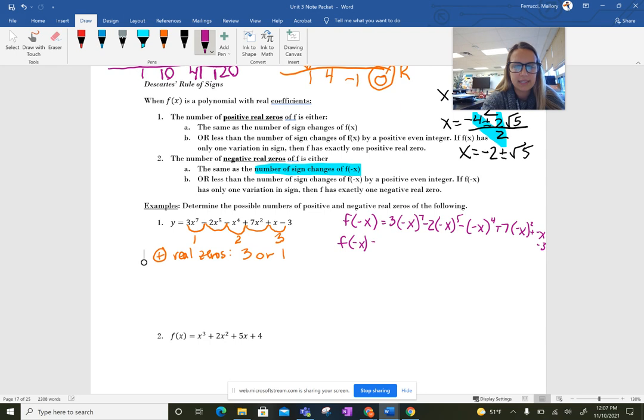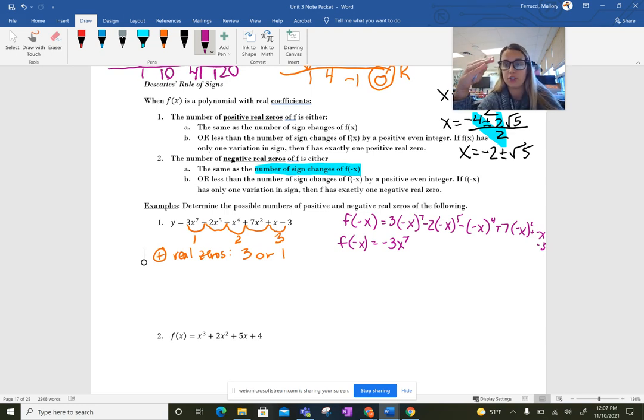So I'm going to simplify this. Anytime you have an odd exponent and you're taking a negative number and raising it to that, it will end up being negative. So for 3 times negative x to the 7th, you're going to change the sign so that it's negative 3x to the 7th. Same with that next term.